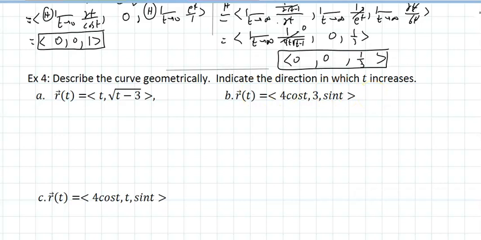Well, if I want to describe it geometrically, I'm really trying to figure out x equal t and y equal the square root of t minus 3. If I put an x in there, this is really saying y equal the square root of x minus 3.